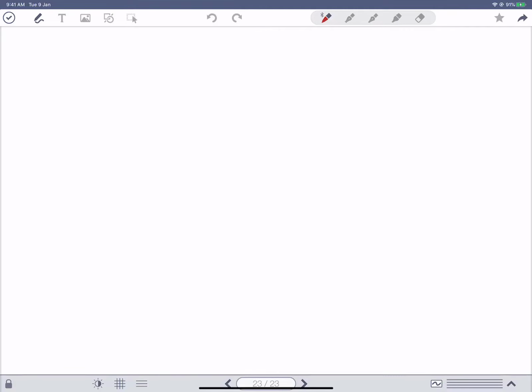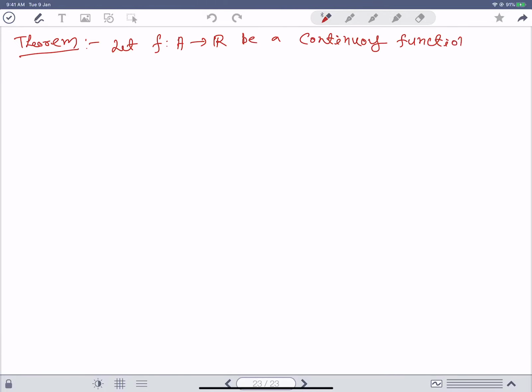So here is the first result. Now this result says, so let f from A to R be a continuous function and A is a closed and bounded interval.